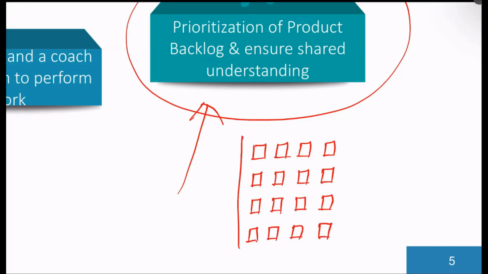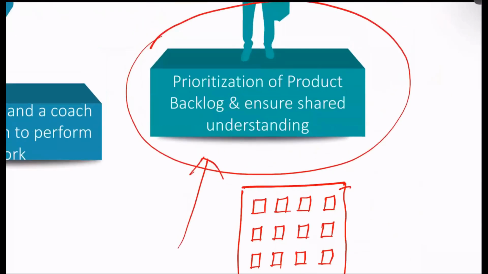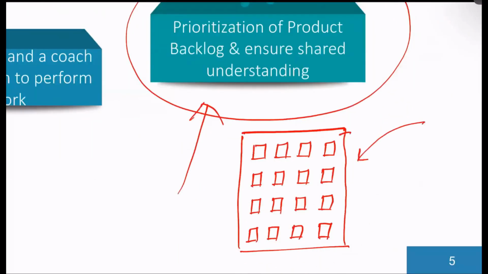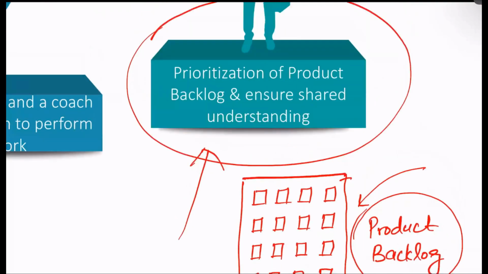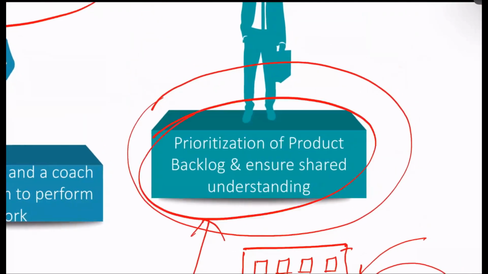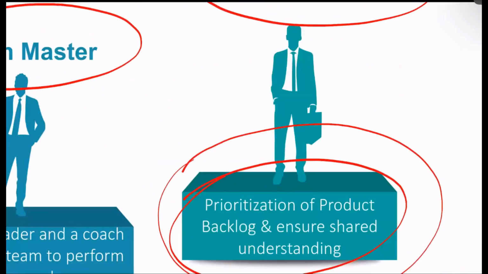So let's suppose in a product, if there are 16 features to develop, then a prioritized list of these features is called product backlog. So backlog refinement, backlog grooming, backlog management, backlog prioritization is the key responsibility of the product owner.